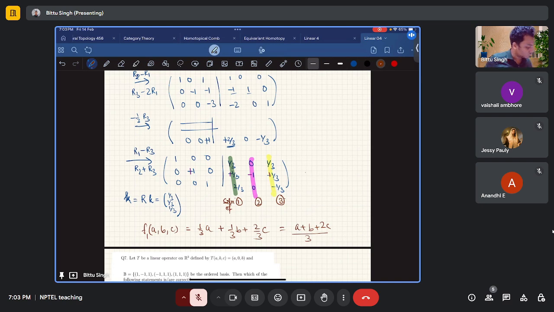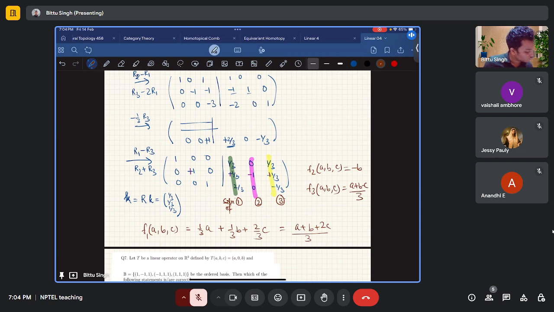Similarly, it is easy to see all the other cases. F2 of ABC is simply obtained from the coefficients of the second column, which is 0 times A minus B plus 0 times C. So the result will be minus B. Similarly, F3 of ABC is obtained from the third column, which is A plus B minus C by 3. So those will be the answer.